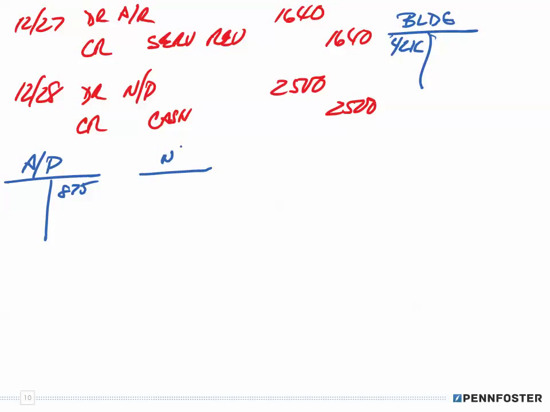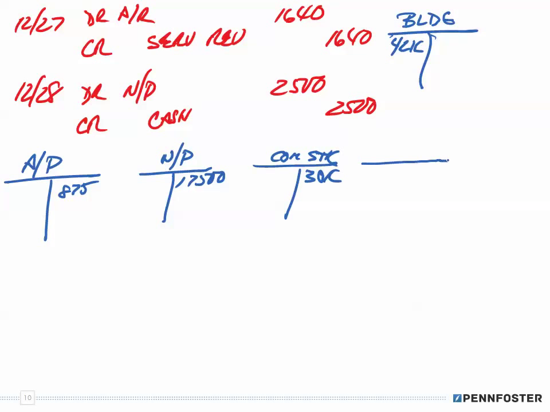Then I had a notes payable with a credit of $17,500, sorry. Then I had common stock for $30,000 on the credit side.